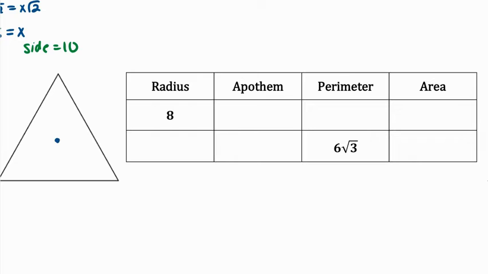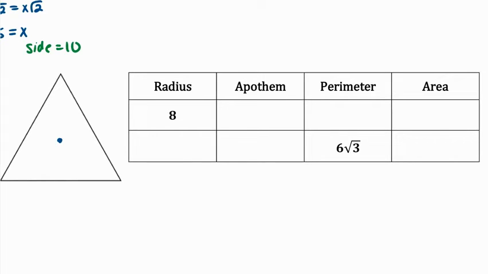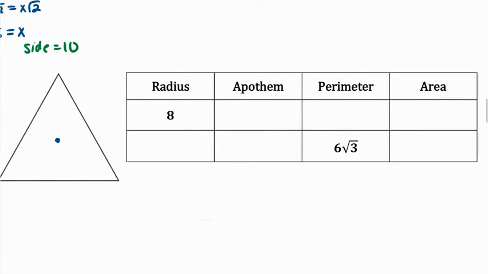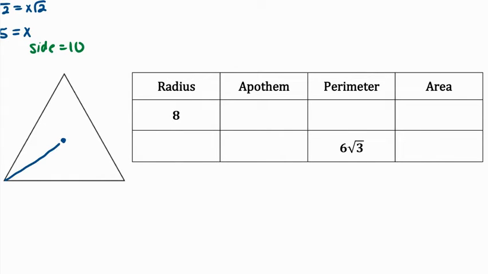There's my center. Here's my radius. Let's try again. Radius is 8. Apothem goes there. Yeah? We put them in the right spots?